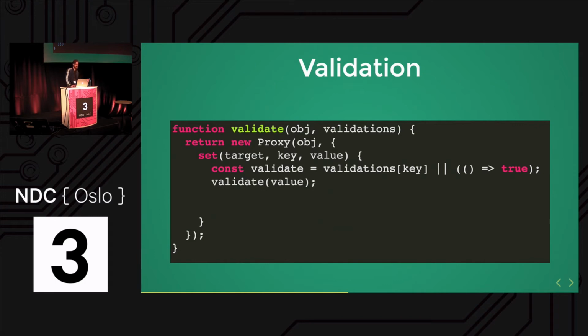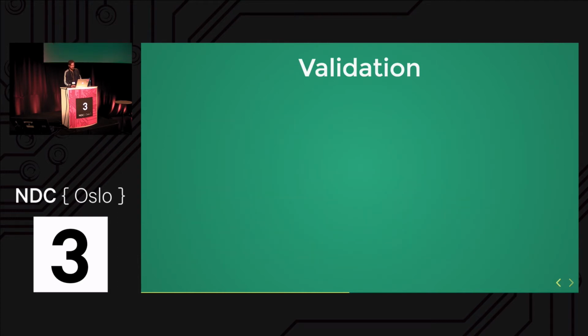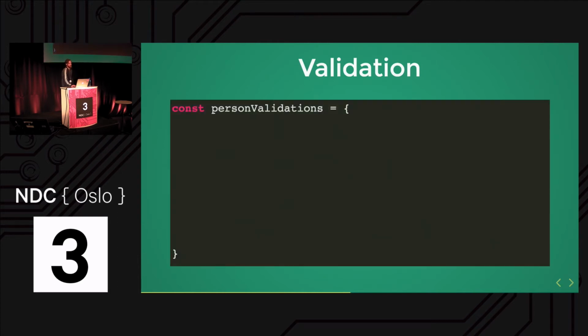So we'll just validate the value that you're trying to set, and then we'll use reflect.set to set the actual value, and then we'll just return true because that is the default behavior of using the equals operator in JavaScript. So then we could make some validations here. We could say that we want to validate the age property and we want to validate the name property.